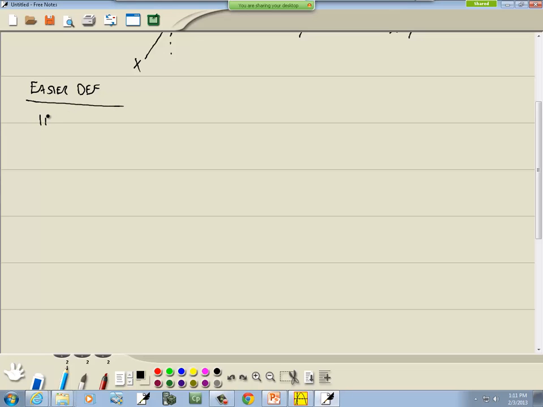It says if you have one of the following, it is not a function.